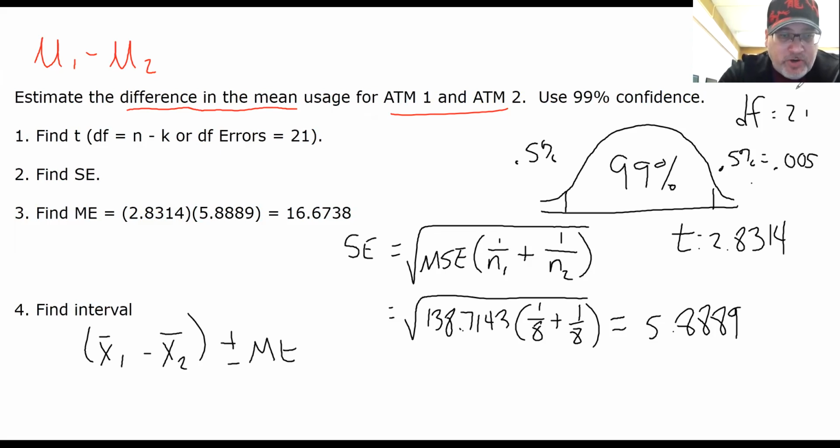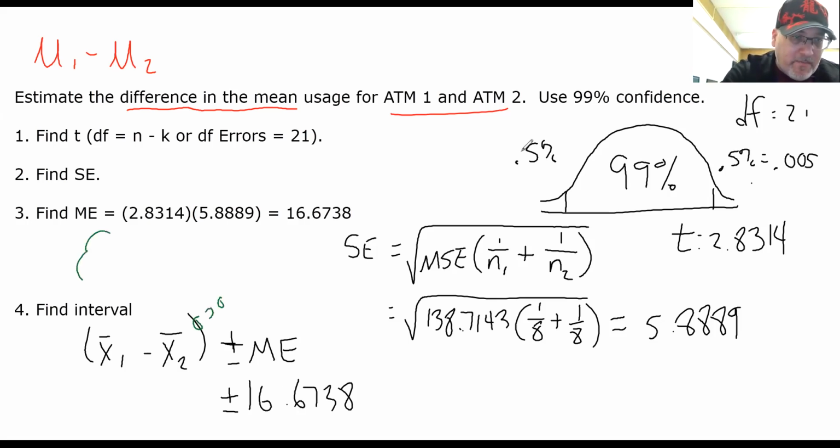Now, my advice when you're doing a confidence interval for estimating the difference of things is to calculate the difference first and then stick the margin of error on it, margin of error being 16.6738. But in what I call a thought cloud, this is what you're thinking here.